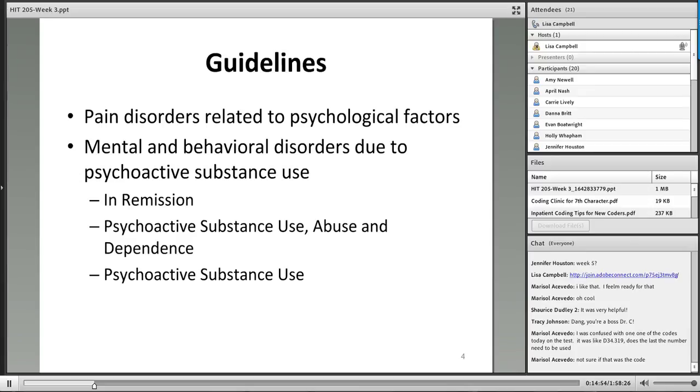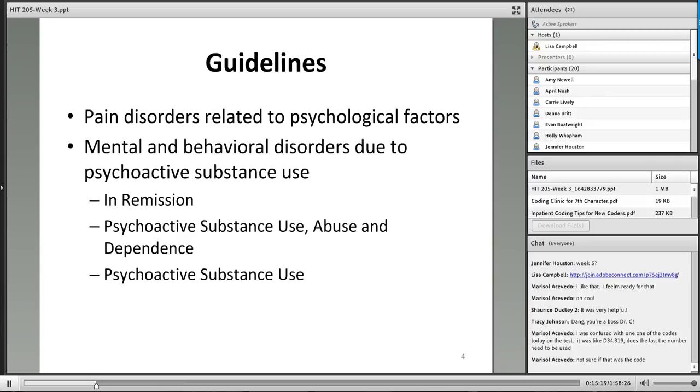So one of the things that is very important, and this is why I highly recommend that you use your physical coding manual, is because you want to ensure that when you're in the tabular listing and you are verifying your codes, that you are reading those instructional notes.